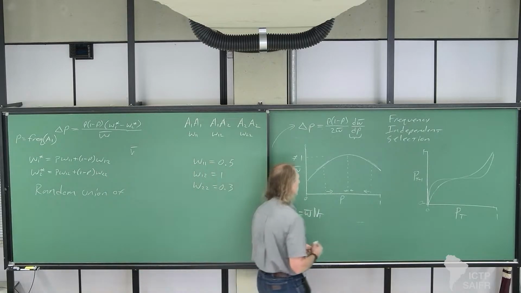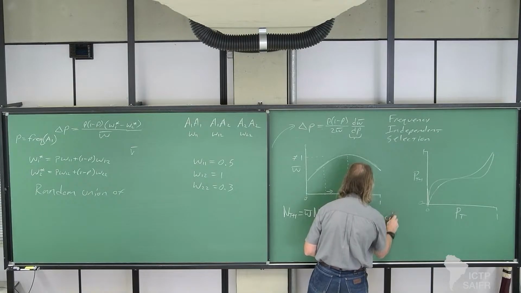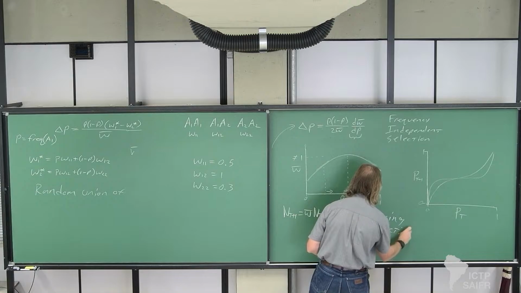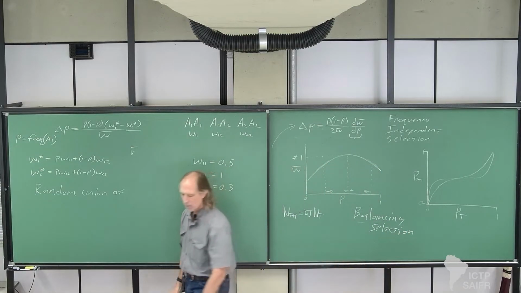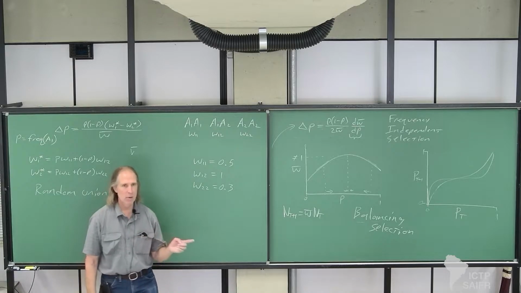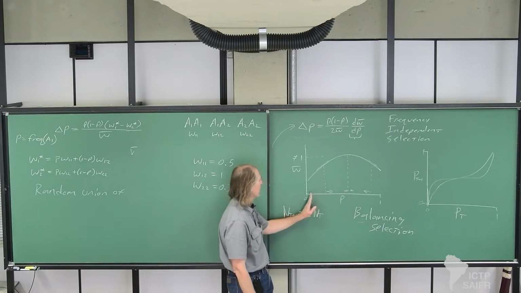Balancing selection tends to maintain both alleles in the population. When either one gets rare, so if you go down here where A1's getting really rare, you get pushed back.